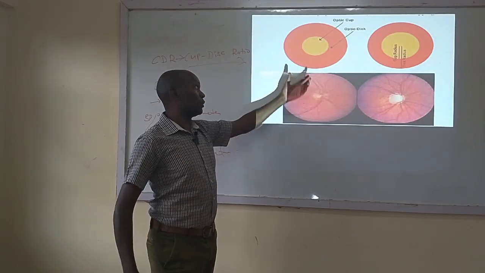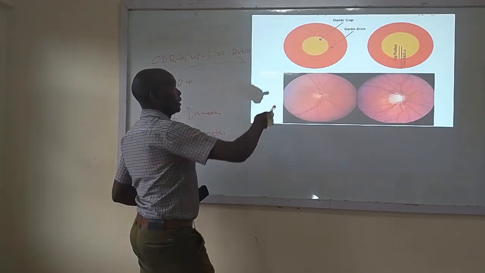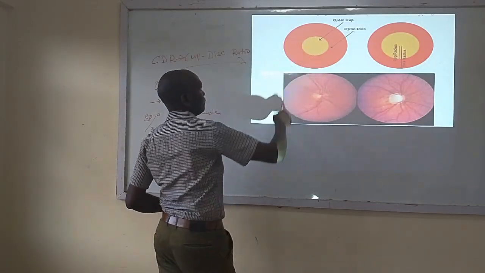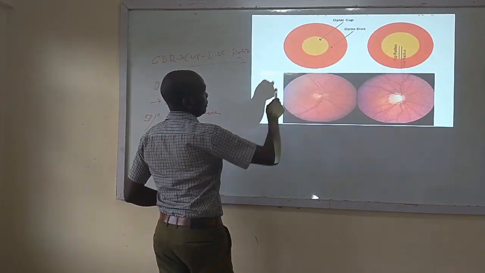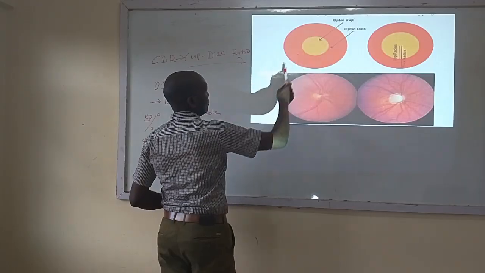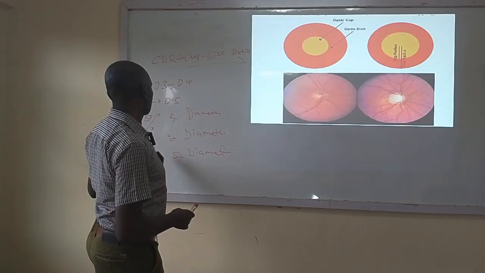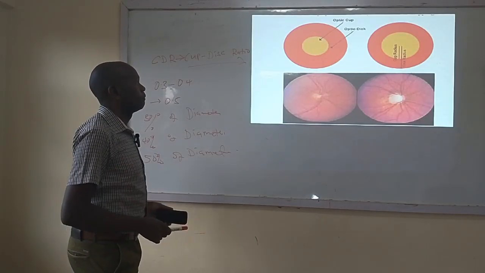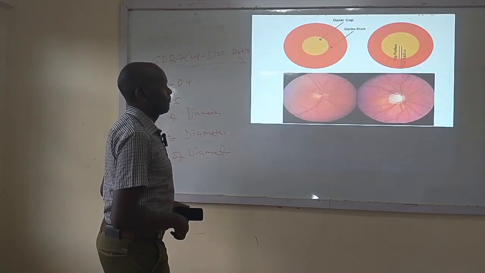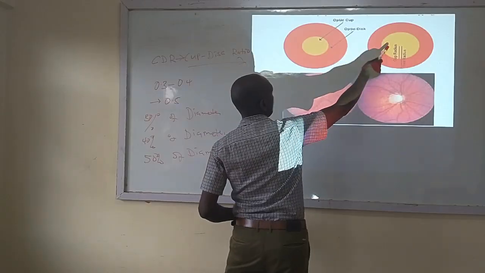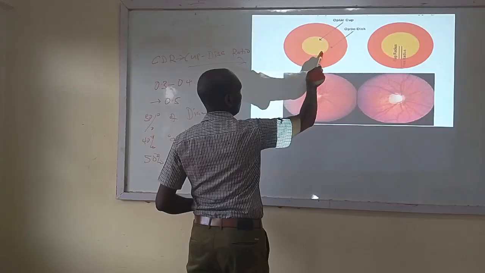So this is how the normal optic cup and optic disc should look. You see there's our optic cup here, and there is our optic disc here. Its ratio to the optic disc is small, that is 0.3 to 0.4, or just 30% or 40% of the entire diameter. So when you compare this and this, you'll see that this one is small, but this one is large.